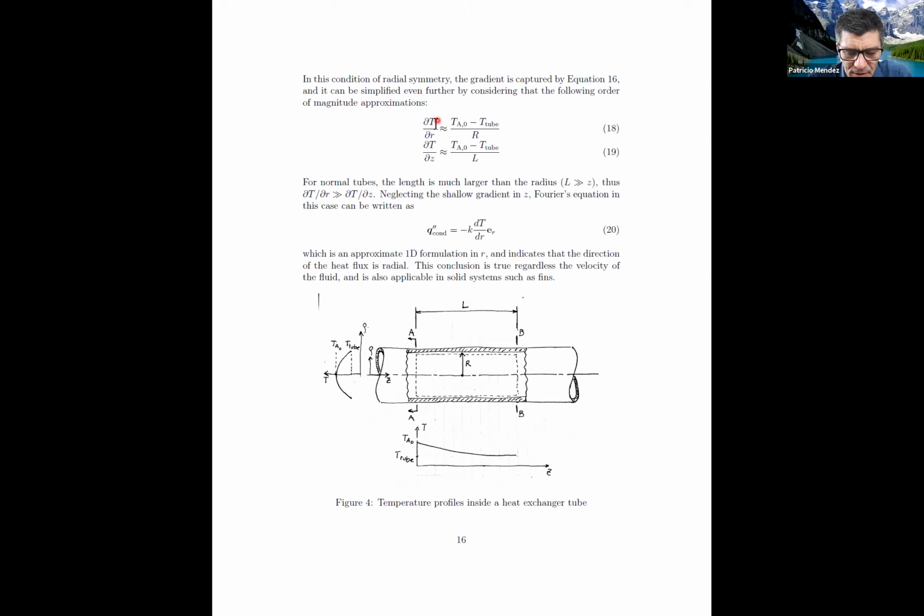And in the radial case, I'm dividing by a small number that can be centimeters or millimeters, right? And so in a heat exchanger, because the tubes are long and narrow, the geometry is such that the heat transfer by conduction is almost completely radial, and the longitudinal part we forget.